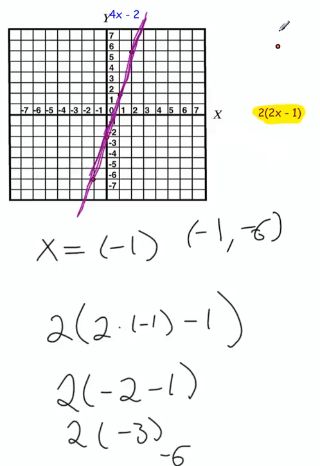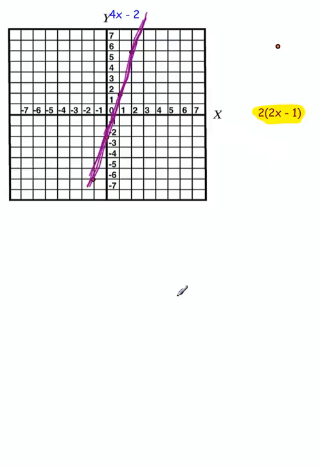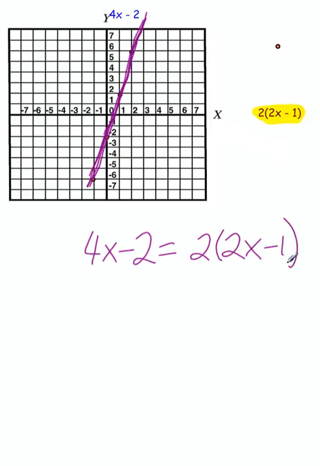They will have an infinite number of solutions. They share all the same points because what's really going on here is that 4x minus 2 in fact equals 2 times 2x minus 1. And so their solution set is an infinite number of solutions.